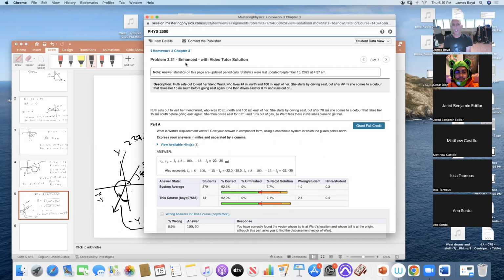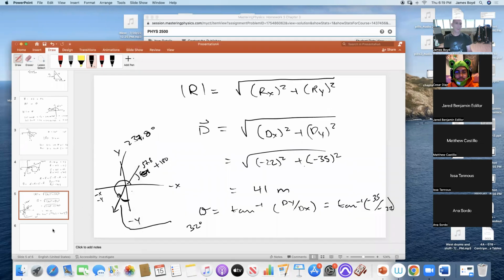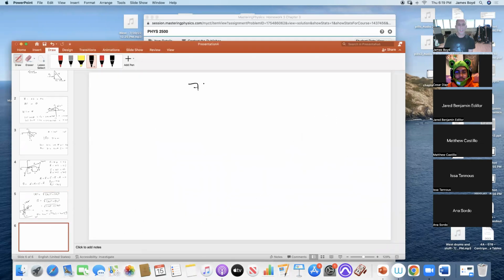Essentially, you could find what was her final X point. So she went 70 miles east, and then she went another 8 miles east, and 15 south. So she went 78 in the X and negative 15 in the Y. And this is her.